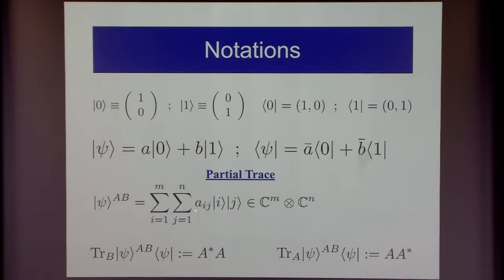And a maximally entangled state is a state for which either the reduced density matrix of Alice or the reduced density matrix of Bob is proportional to identity. So we're saying this is maximally entangled if either this or this is identity. So this is the terminology. I hope it will be clear.